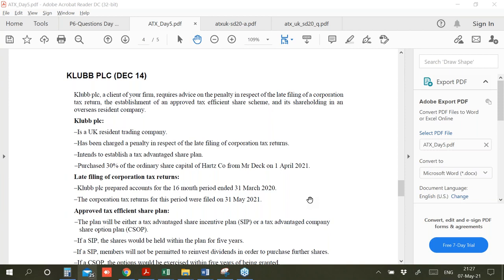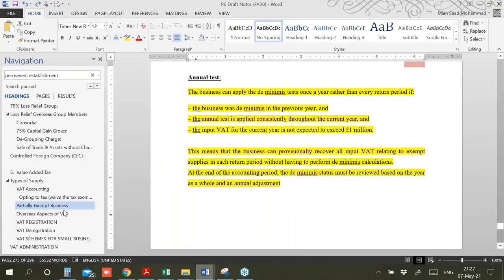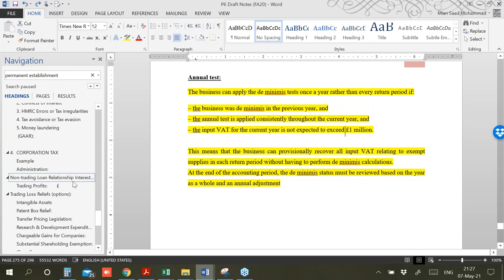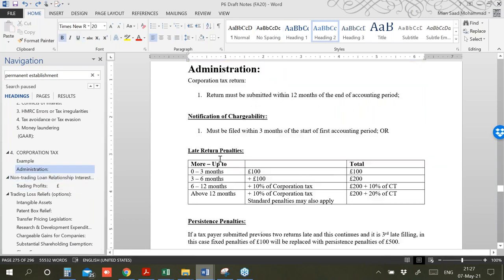Now, the next thing you have to determine is how late the return has been submitted so that you can confirm what penalty should be charged. In my notes, in corporation tax, there's a section called administration at the very start, and that tells you different things.